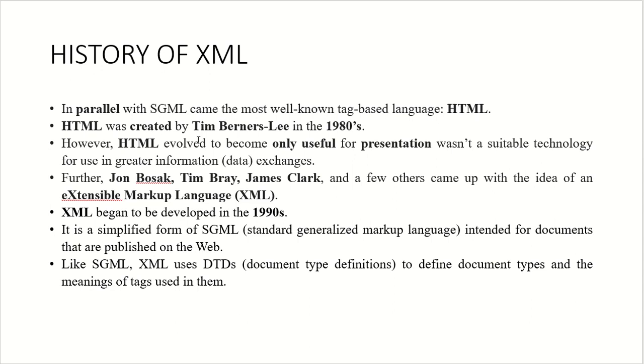But HTML evolved to become only useful for presentation and wasn't a suitable technology for use in greater information or data exchanges. Alright, so it was only for presentation purpose. It was widely used but only for presentation purpose. Information exchange or data exchange was not possible.